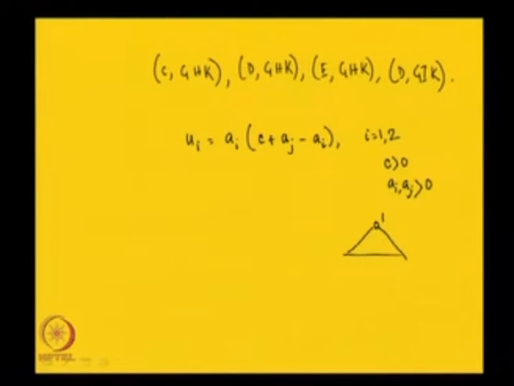So, suppose I take this, it stretches from 0, excluding 0, to infinity. So, a1 belongs to 0 to infinity. Similarly, a2 also belongs to the same set, 0 to infinity.